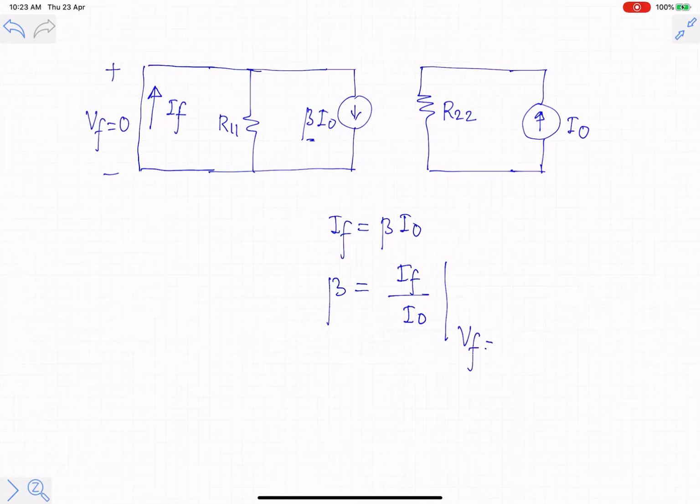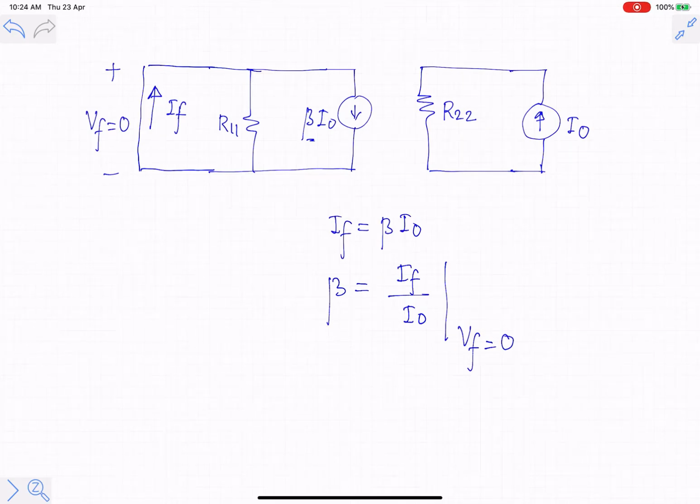We write it as VF is equal to 0. So we should apply the known current source I0 on the input side of the feedback network. The output terminals of the feedback network should be short circuited, and we should find out the current IF.